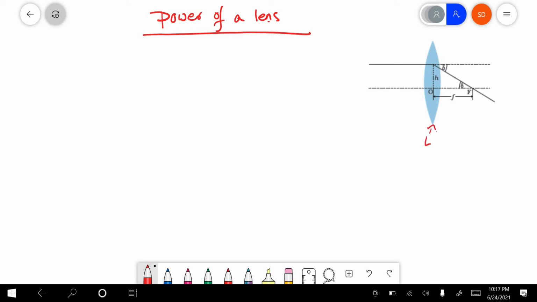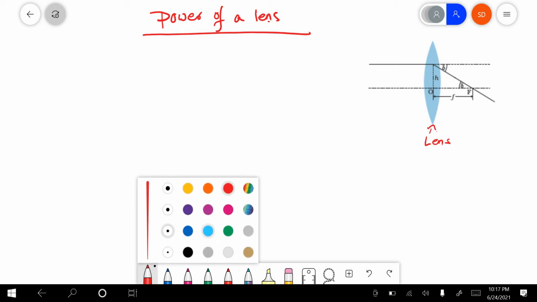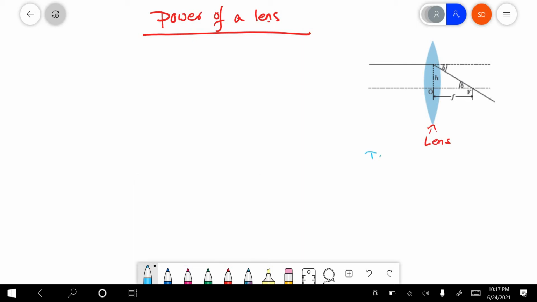This diagram has been taken from the NCERT textbook. You can follow this diagram from the book also.